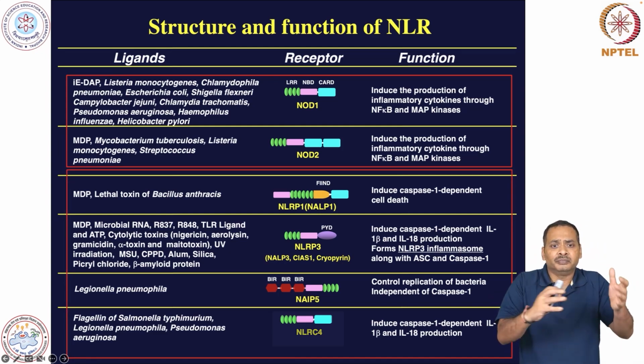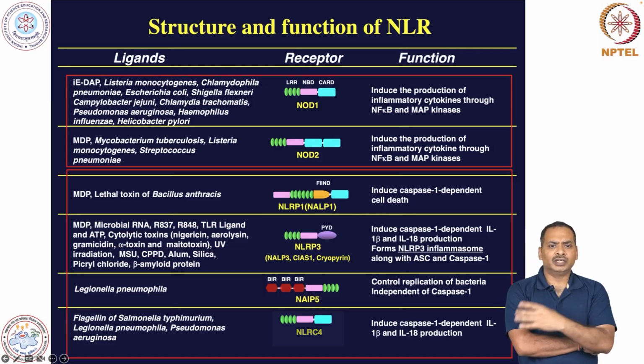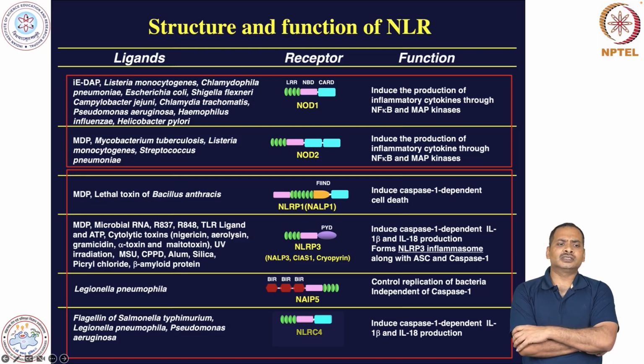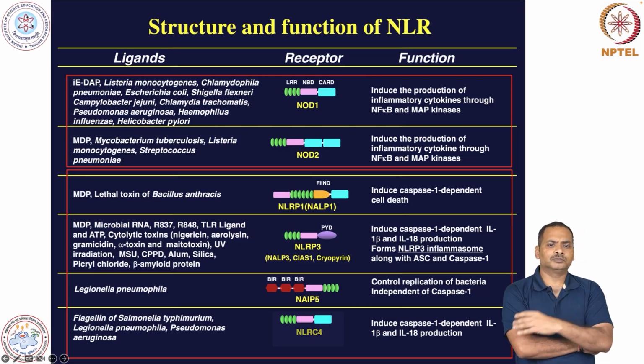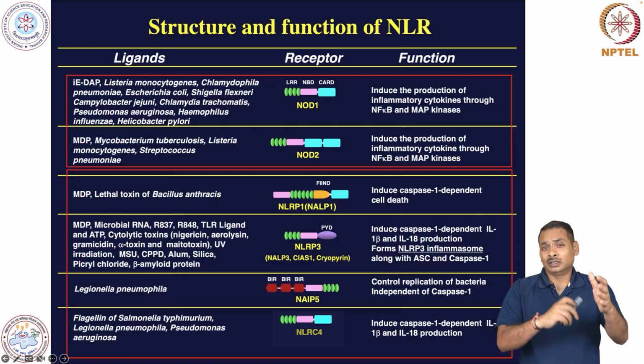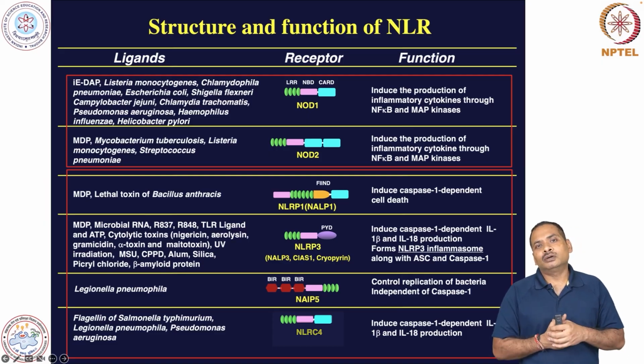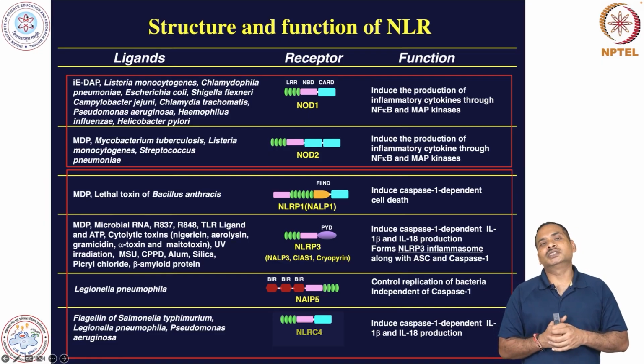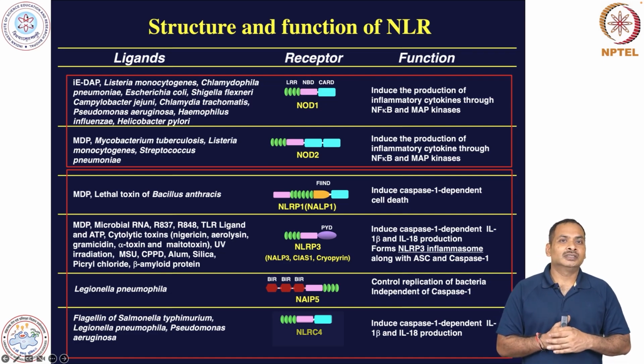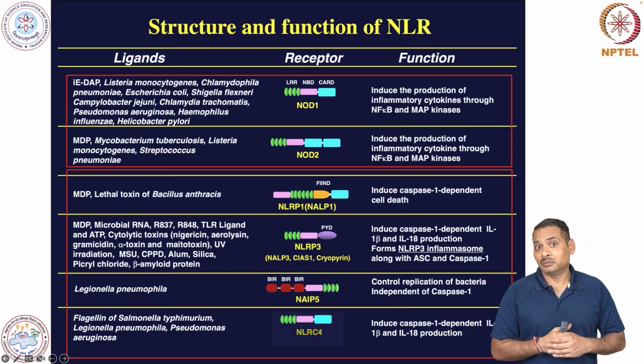basically NLRP1, NLRP3 and NAIP5. So these proteins basically sense the ligand, and then they make a multi-protein complex. Okay, and this multi-protein complex induces a very important family of cytokines, which we call the IL-1 family cytokines.